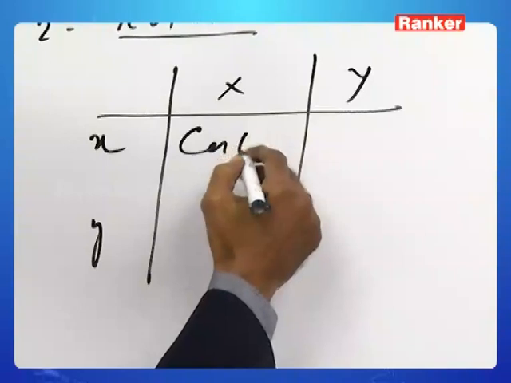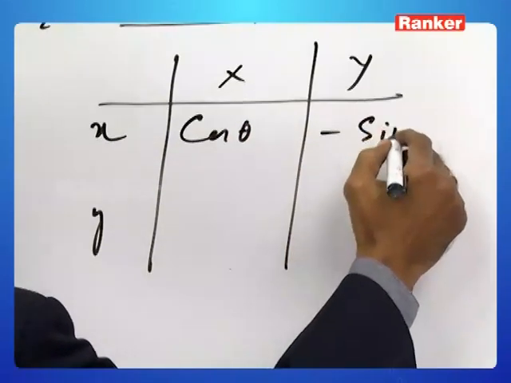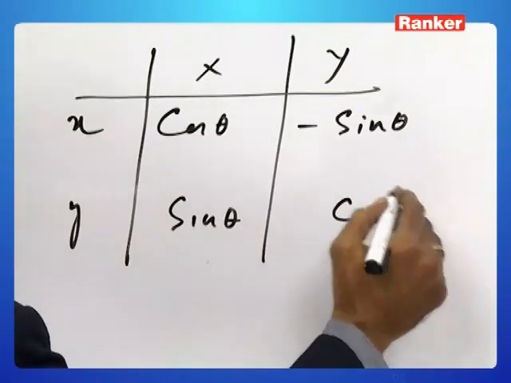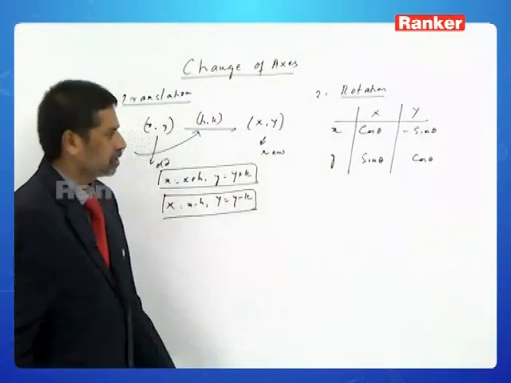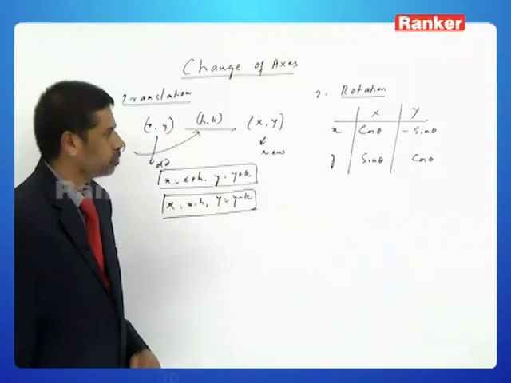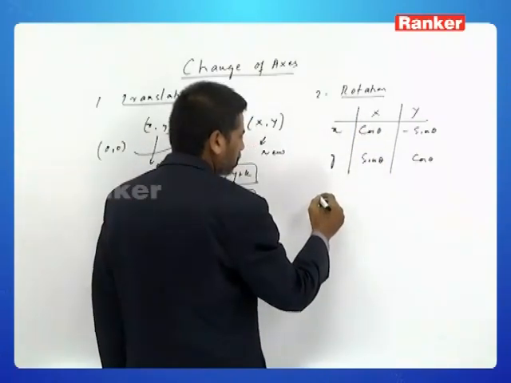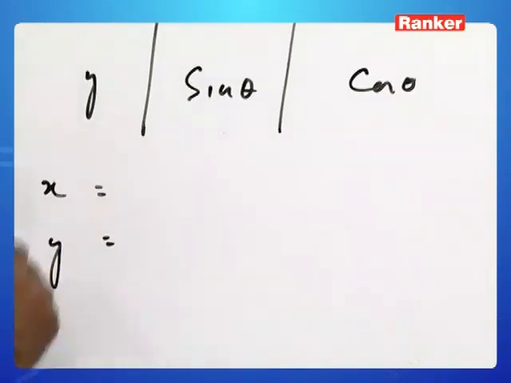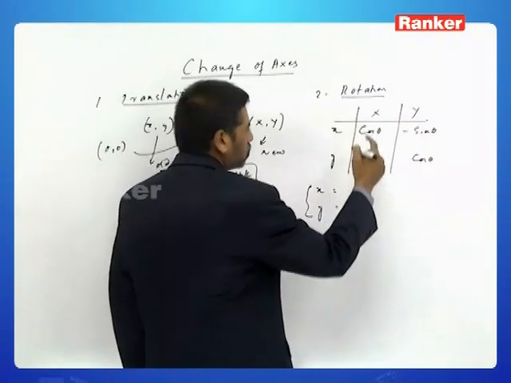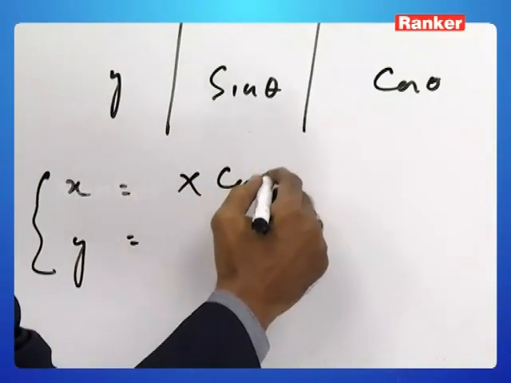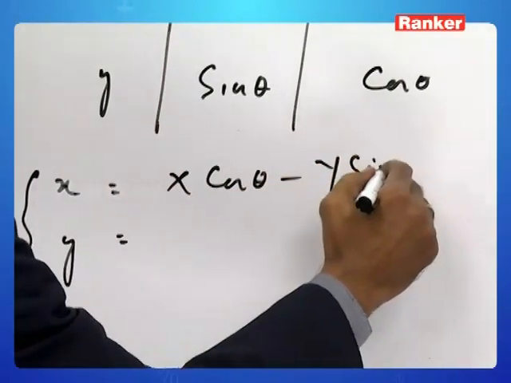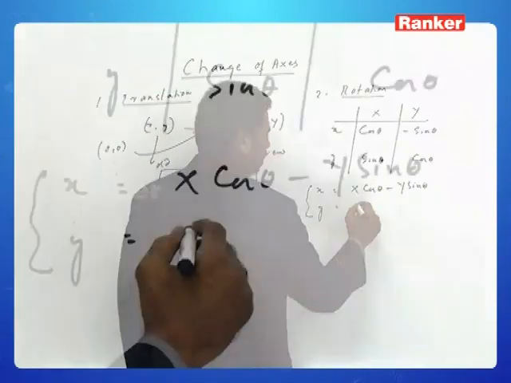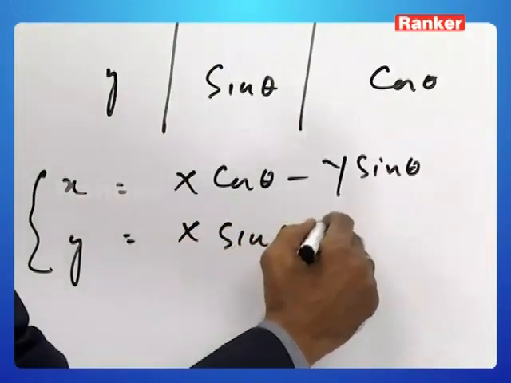Then you can use an orthogonal transformation to determine the coordinates of the new point. So in fact, you can build up your equation. Suppose you want to estimate the old coordinates, then x is x cos theta minus y sin theta, and y will be x sin theta plus y cos theta.